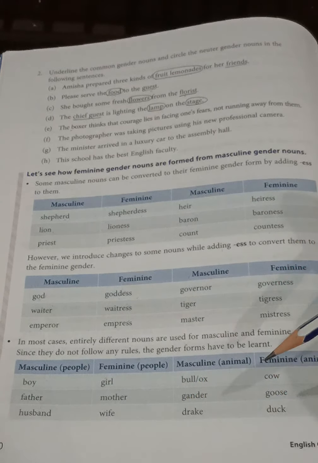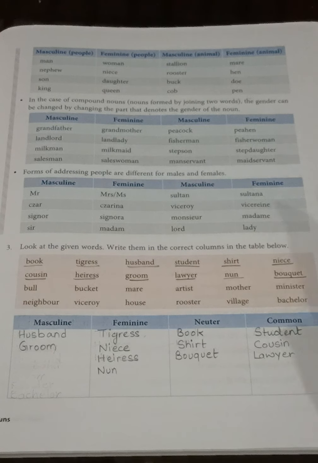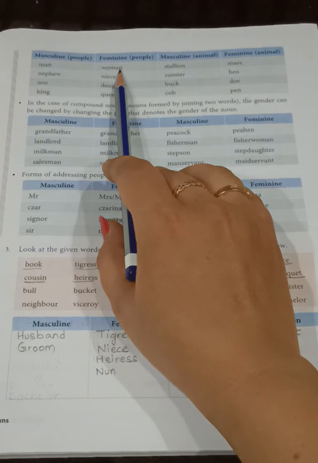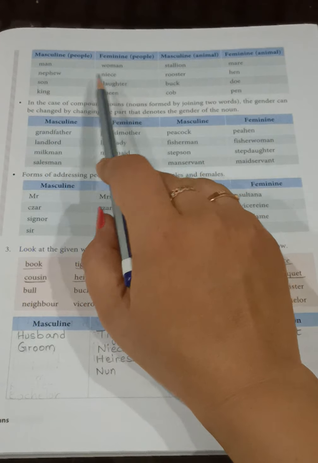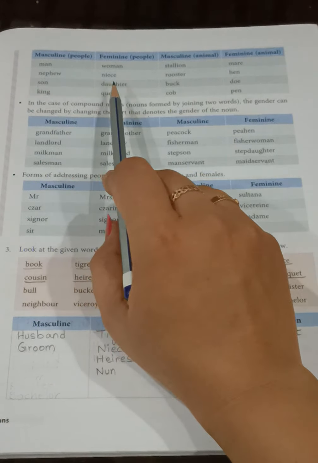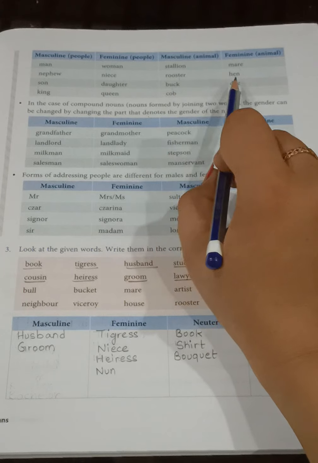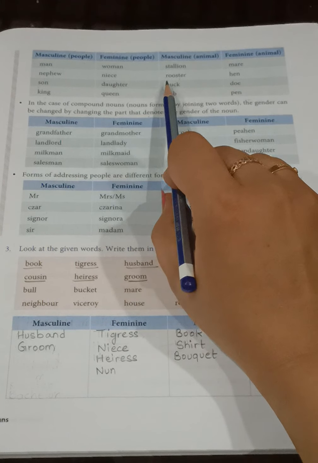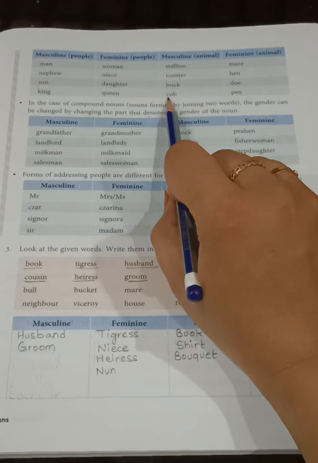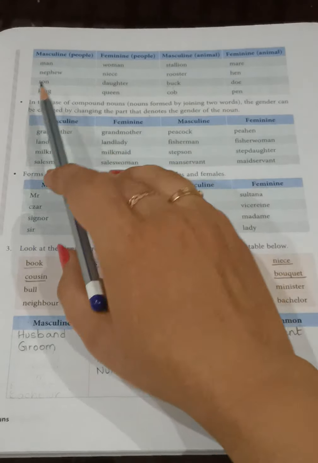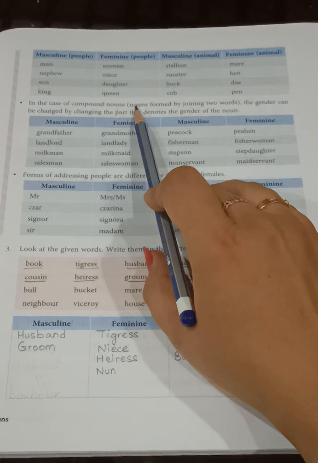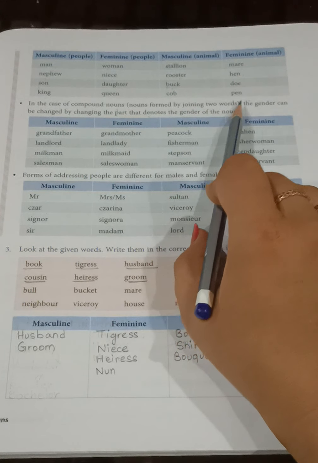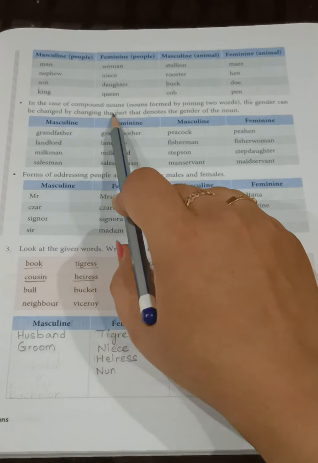Drake, duck. Man, woman. Nephew, niece. Son, daughter. King, queen. Stallion, mare. Rooster, hen. Buck, doe. Cob, pen.